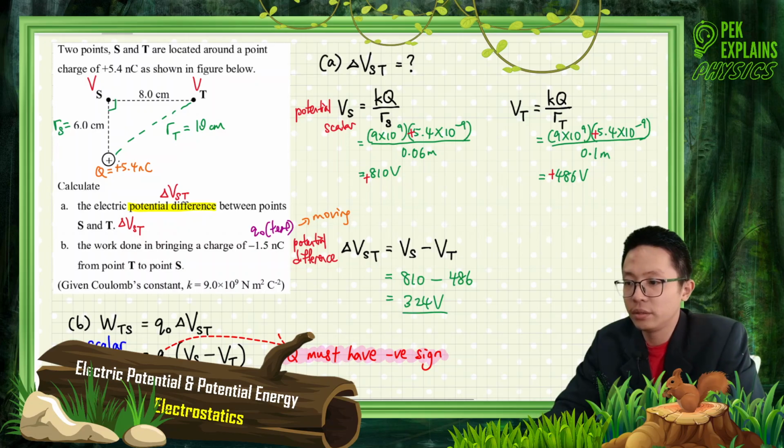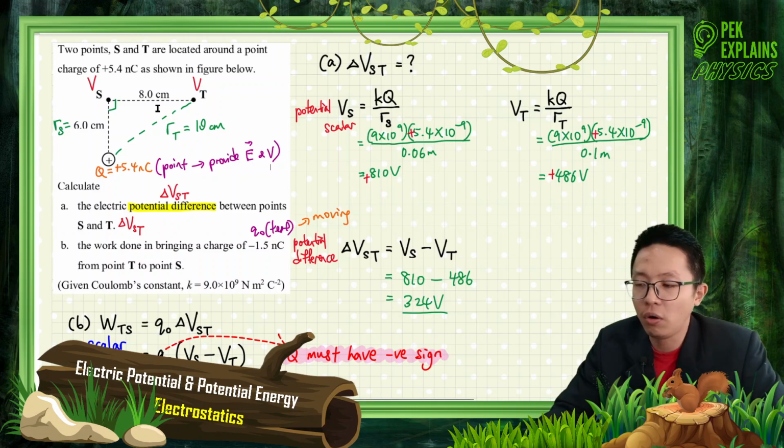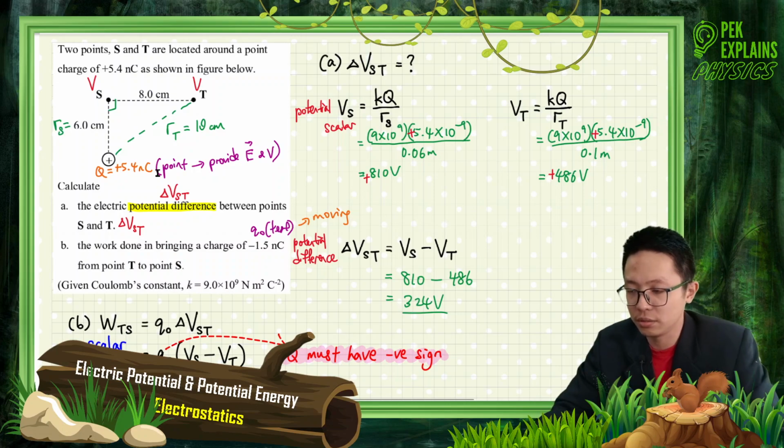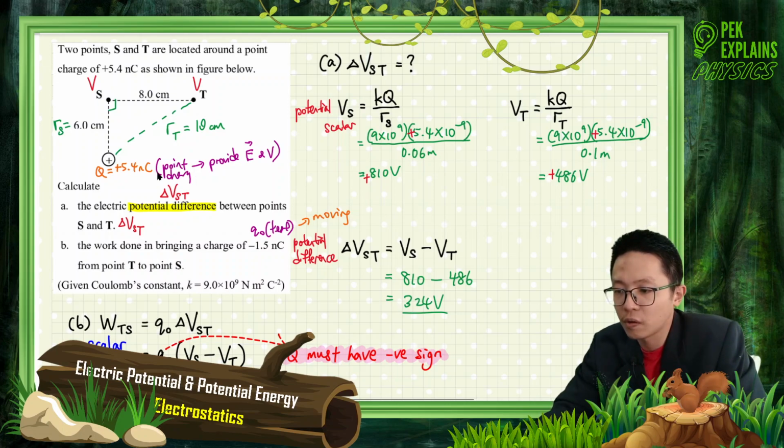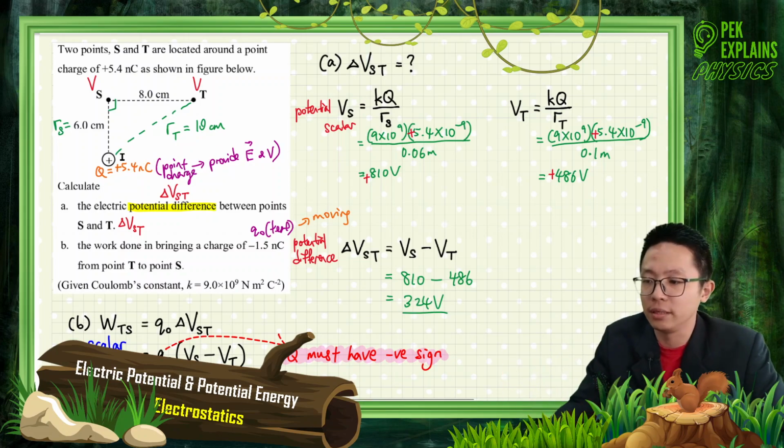I just want to show you. This one is the point charge that provides the electric field and provides the potential for all the neighboring area. The point charge is the one who provides everything.